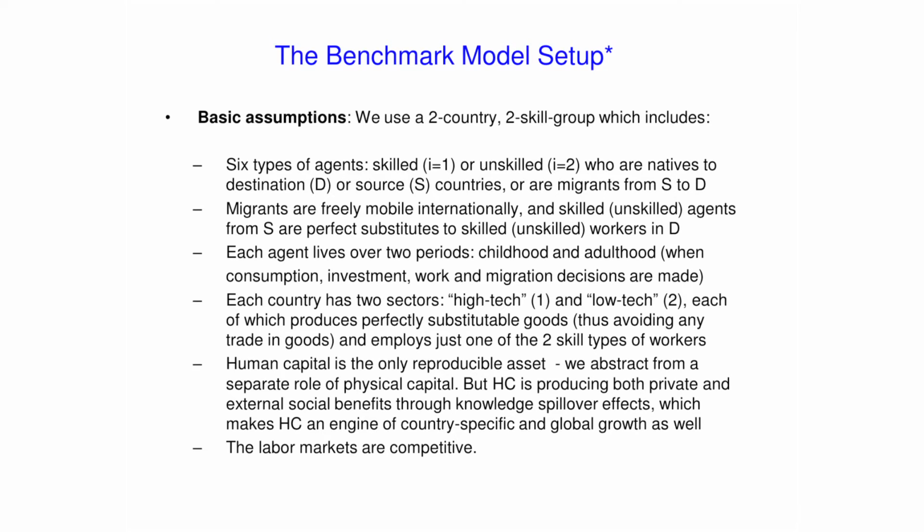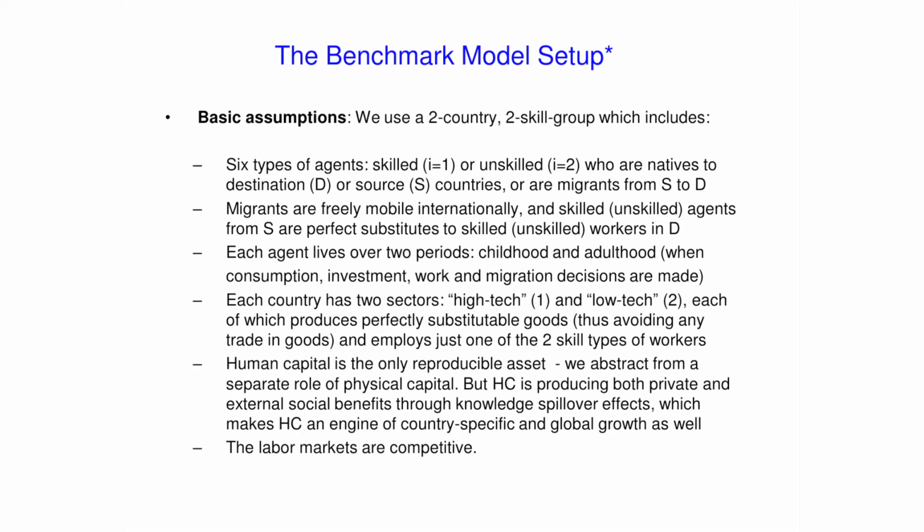But there is another aspect of human capital that we're going to emphasize in the model, maybe a lot more than it was emphasized in the human capital-based endogenous growth models. And that is that human capital is producing both private benefits and external social benefits. And they do that through knowledge spillover effects.